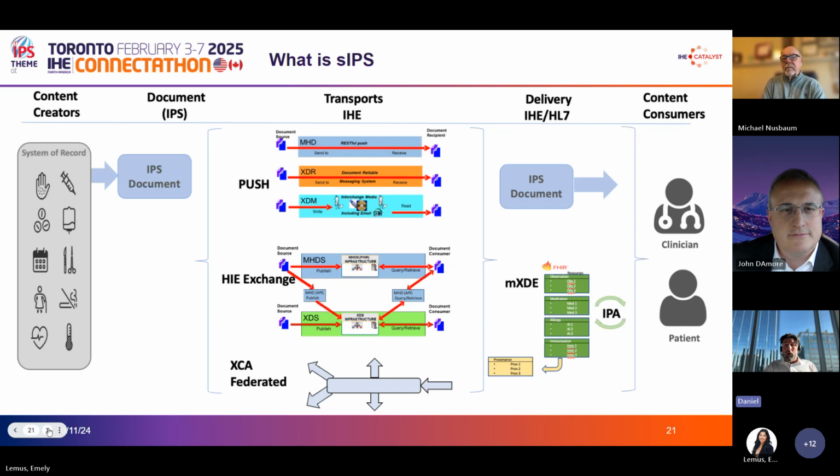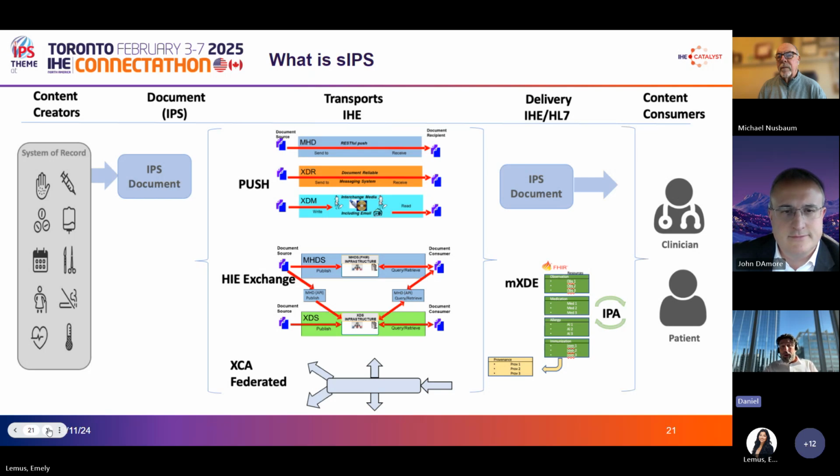We've got basically your push protocols, MHD, XDR, XDM, that are transactions that enable the sending of the IPS summary. We've got the exchange mechanisms, whether we're talking about XDS, the traditional, or MHDS, a FHIR-based exchange mechanism.